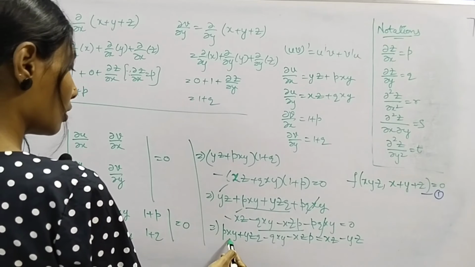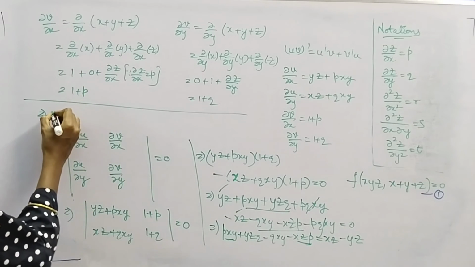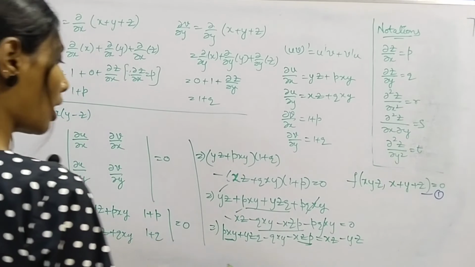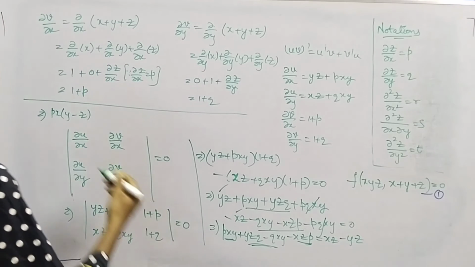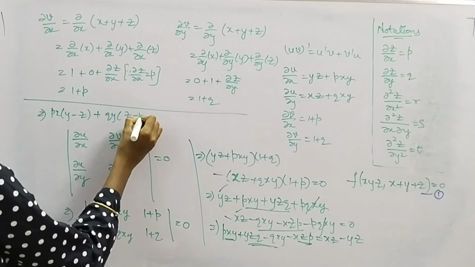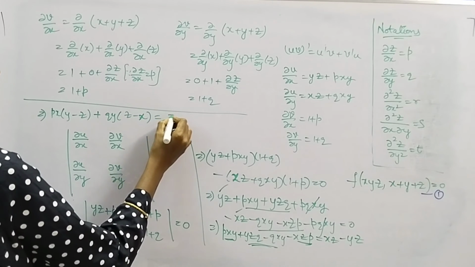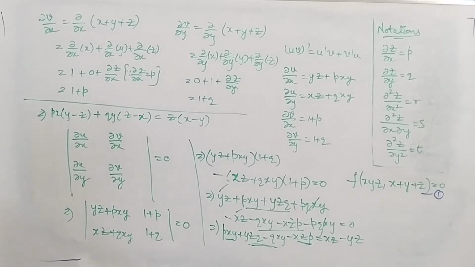Now take px common from these two terms, you'll get px times (y minus z), and take qy common from these two terms, you'll get plus qy times (z minus x), equal to z times (x minus y). We'll just take z common from these two terms.